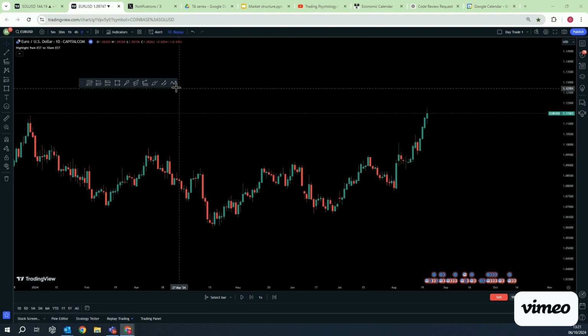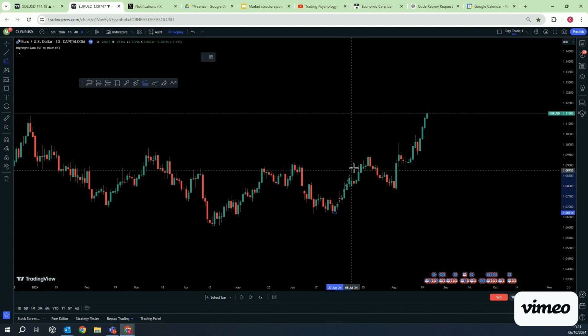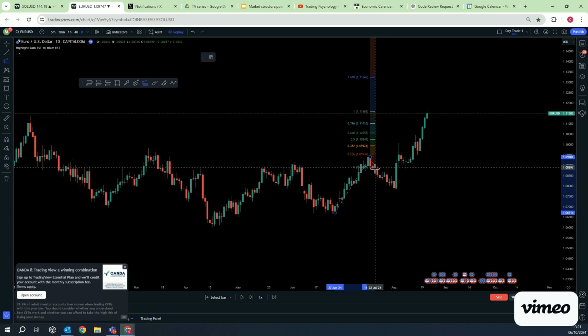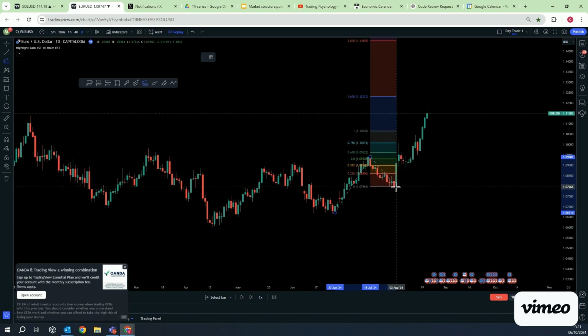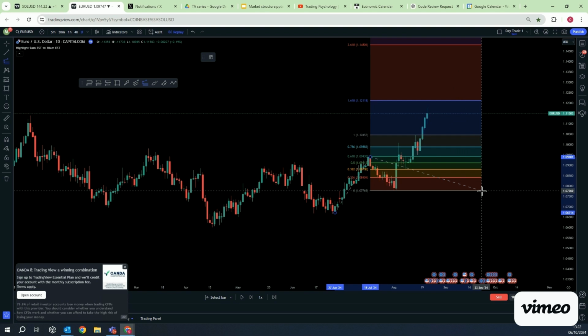What you're doing with this is adding some more detail into the Fibonacci tool, and you're taking the last move up or down, whichever. You're then saying after this move up, it came down to this level, which is the level that we've just seen.